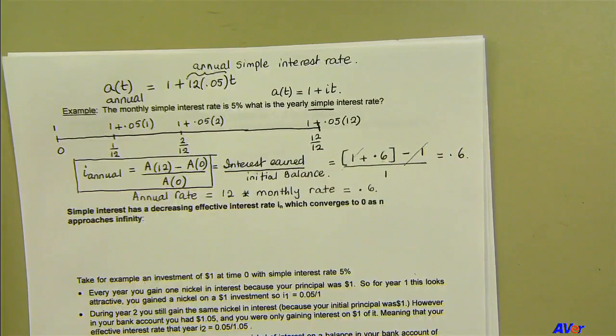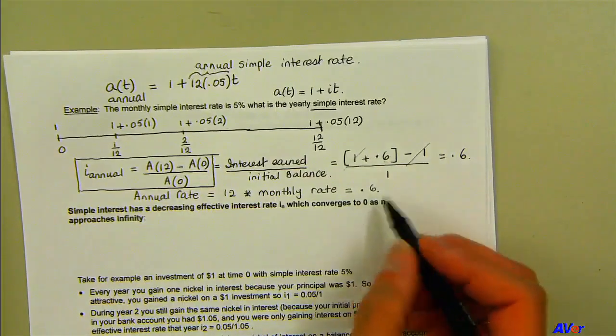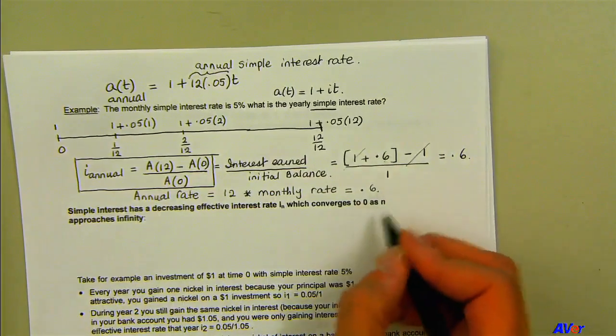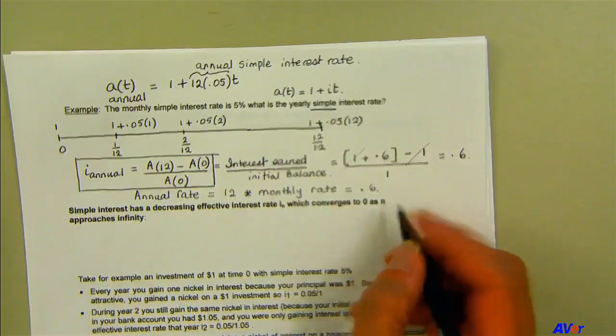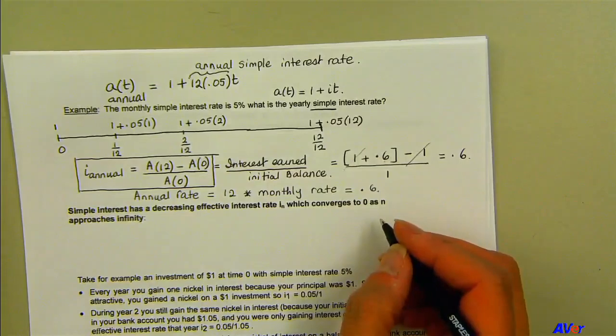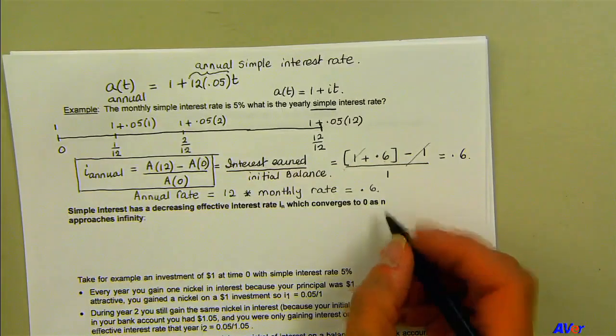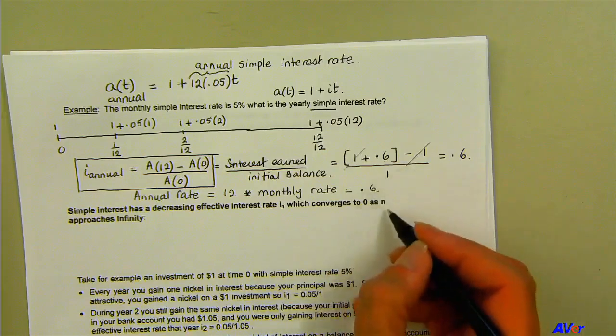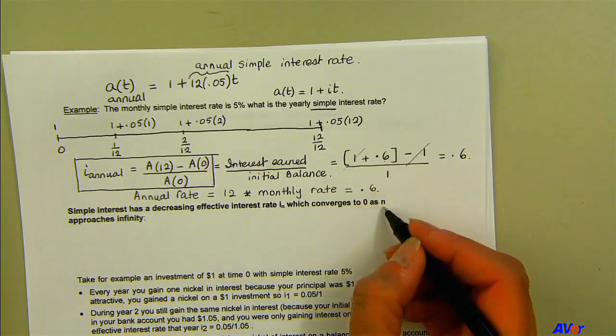So it says here, continuing, unless you have a question, you'll stop me if you have a question, okay? Otherwise, I'm moving forward. Simple interest has a decreasing effective interest rate, I sub n, which converges to 0 as n approaches infinity.